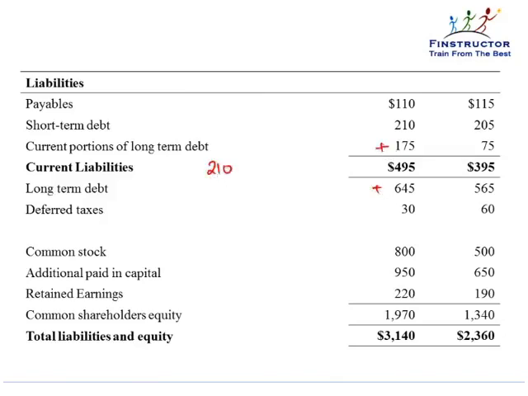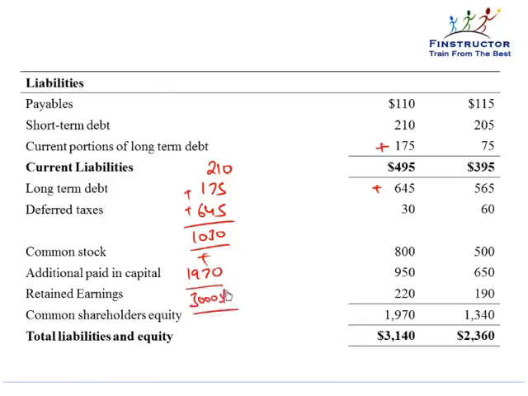So the end of the period total debt would be 210 plus 175 plus 645. That comes out to be equal to 1030. We'll add the total equity at the end of the year, that is 1970, to get to our total capital at the end of the year as $3,000.